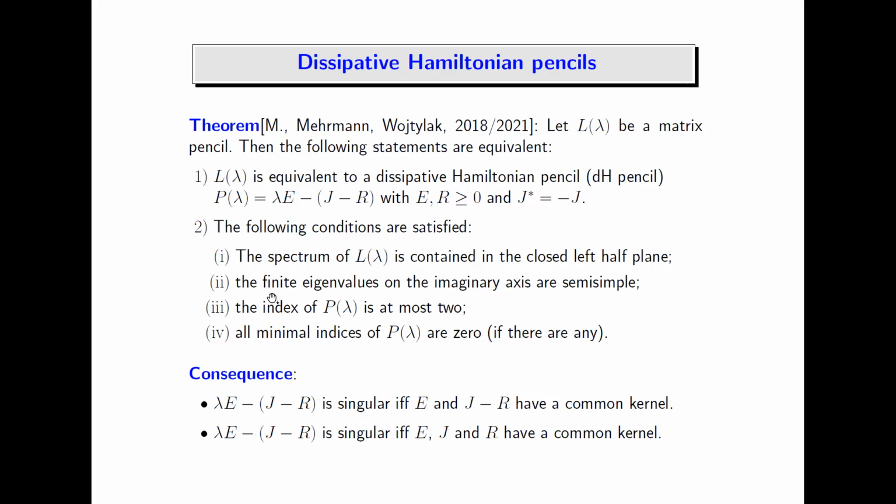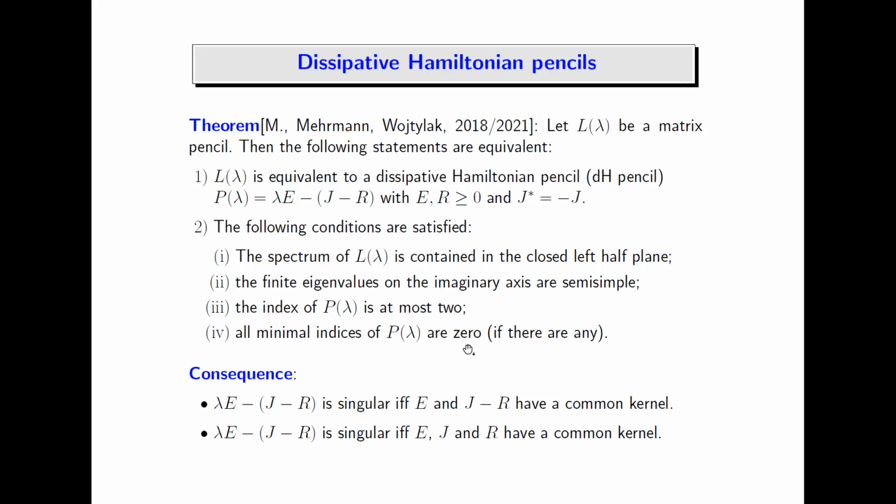So the eigenvalue infinity plays an exceptional role. Here the blocks can have size 2, which means that the index of the pencil can be 2, but not larger. And interestingly, all minimal indices are 0.